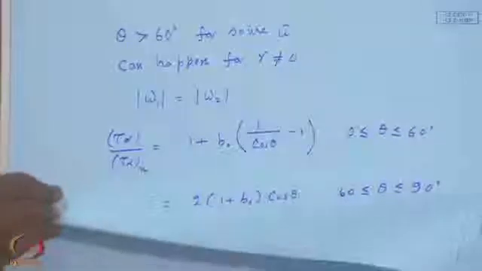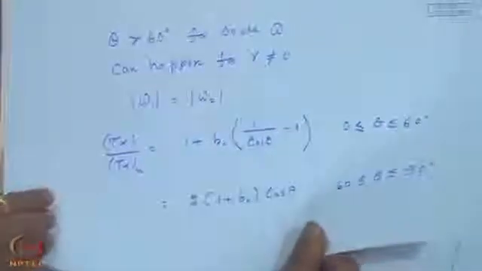So, this is piecewise continuous. So, my integration has to be done splitting it into two intervals, and omega 1 and omega 2 can be identified by setting theta equal to pi by 3 or 60 degrees.